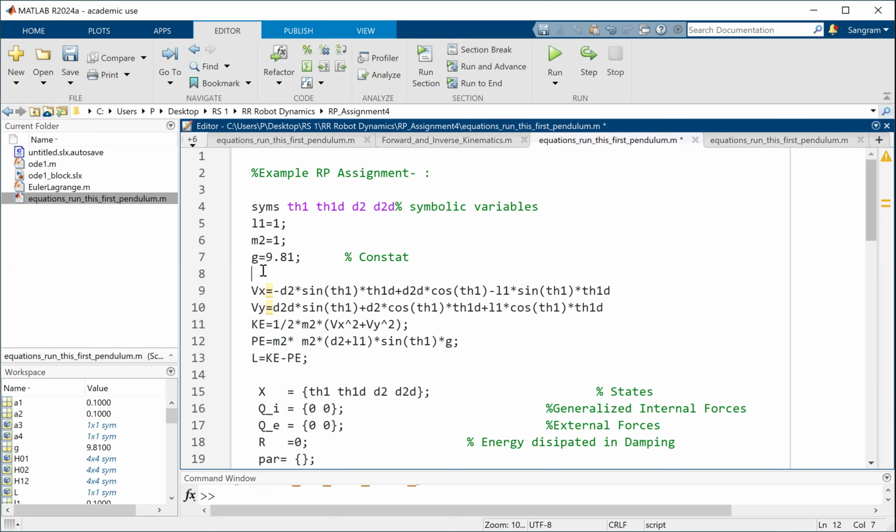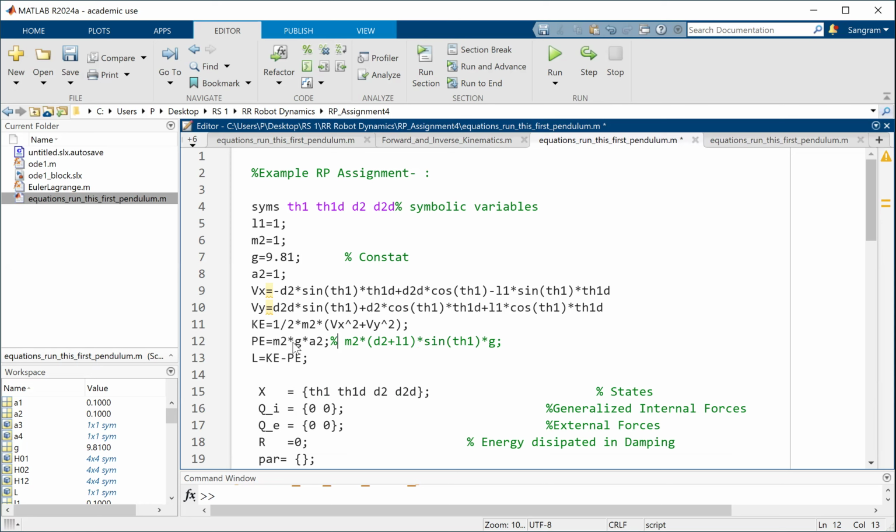I didn't give that value here, so A2 is equal to 1. I'm just going to give A2 equal to 1. So M2 times G times A2. That is the only change you will have to make to solve this problem.